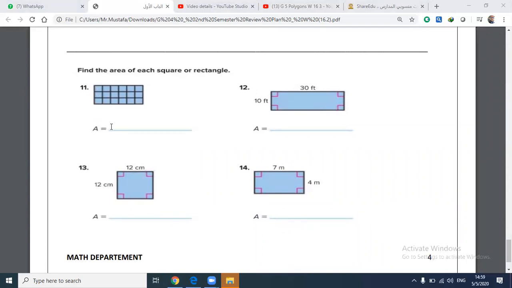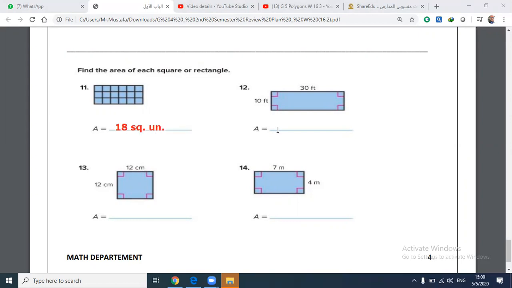So I have to multiply 3 times by what? 6. 3 times by 6 equals 18. Yes, 18 square units. Yeah.